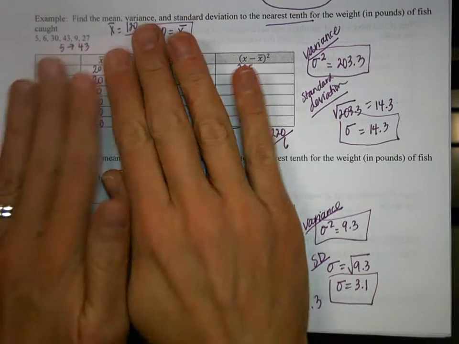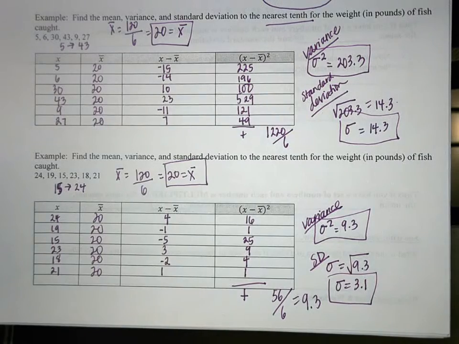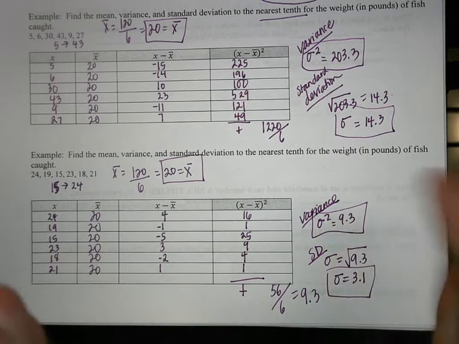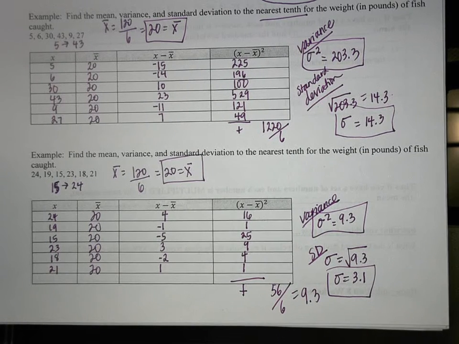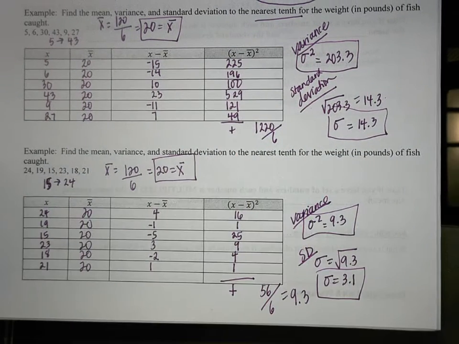So on this problem, even though the mean is the same, the numbers are a lot more spread out. Where here, even though the mean is the same, all the data is close together. So if you were to think about this in terms of a dot plot, these dots would be way spread out, where these dots would be much closer together. Does that kind of make sense?